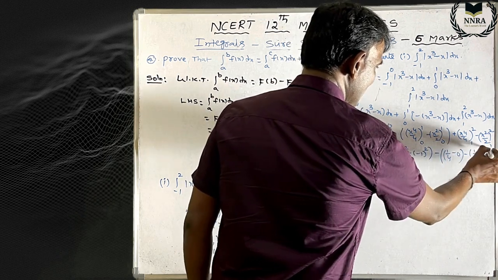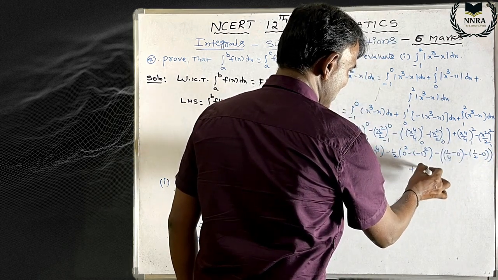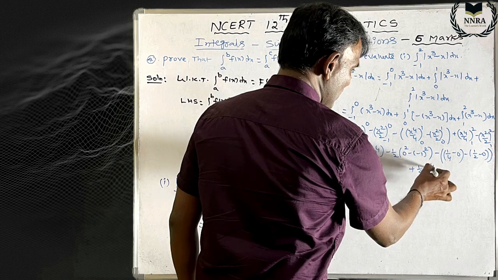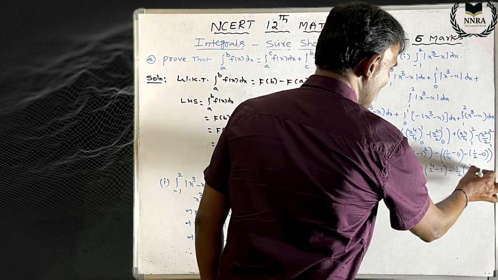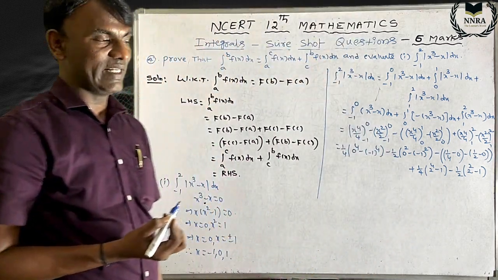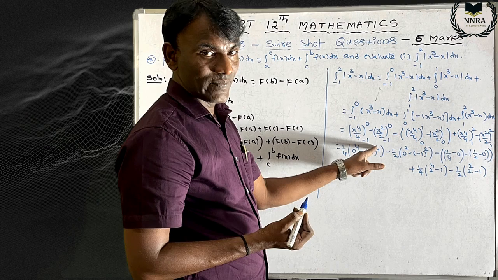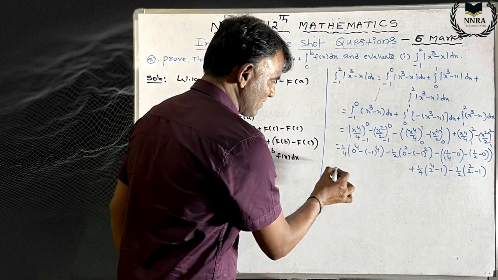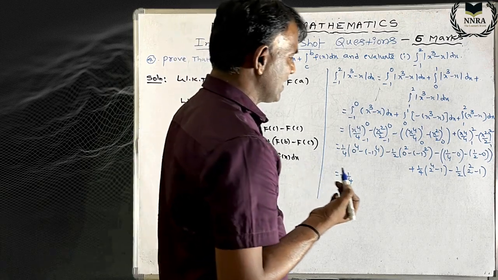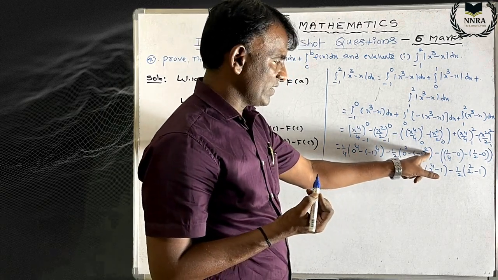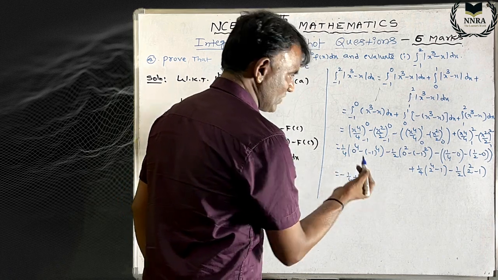Then plus 1 by 4 into 2 power 4 minus 1, again minus 1 by 2 into 2 square minus 1 square, which means 1 only. So see, it is minus 1 whole power 4, 1, but before that minus, the first value is minus 1 by 4. Clear?